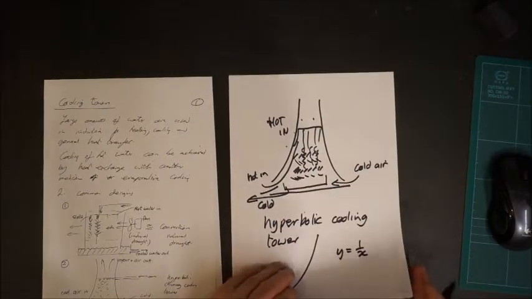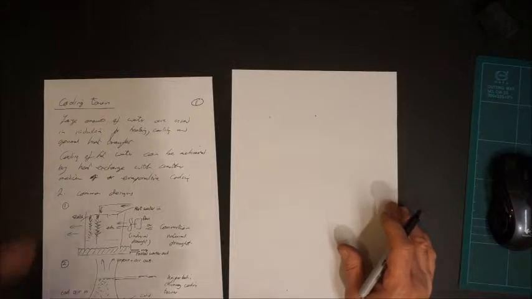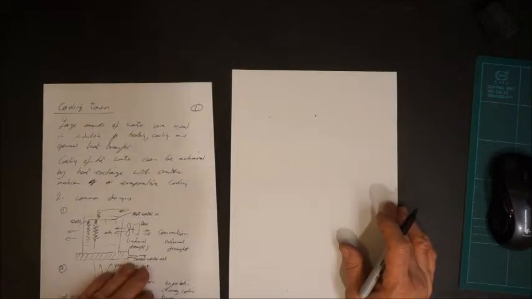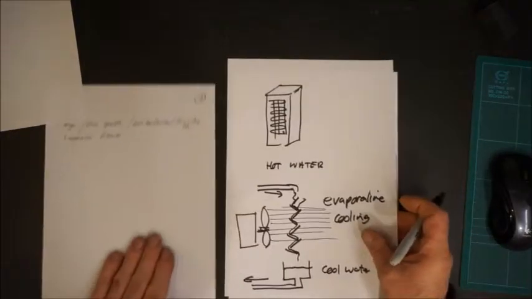The last thing I want to say about these, and this is something that you might get involved in if you were one of the people working in a lab or working in a factory where they had cooling towers, is that the cooling towers actually require quite a bit of maintenance. Now let's come back to this one for a moment. Imagine what's happening here.